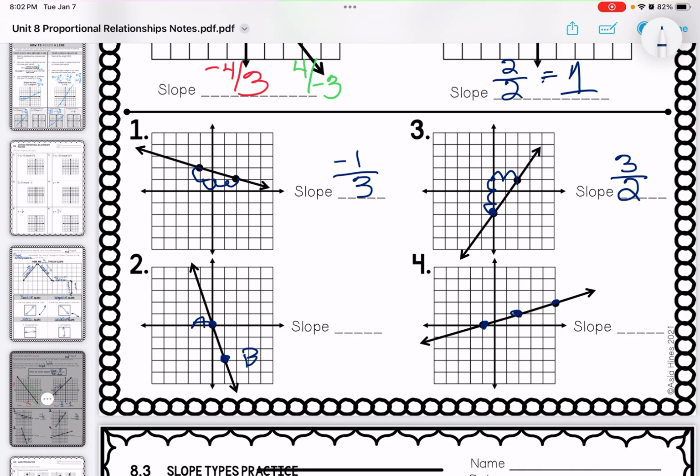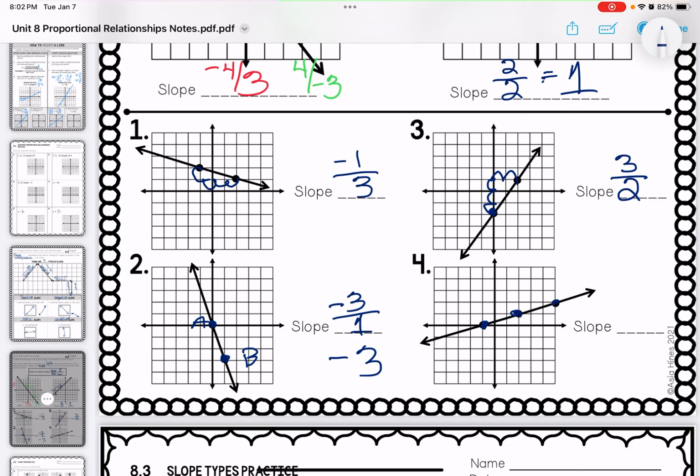Okay, I'm sure by now somebody shouted out the answer. So I went down, negative 3, and then I went over a positive 1. So therefore, my slope is either negative 3 over 1, or I can just write negative 3.